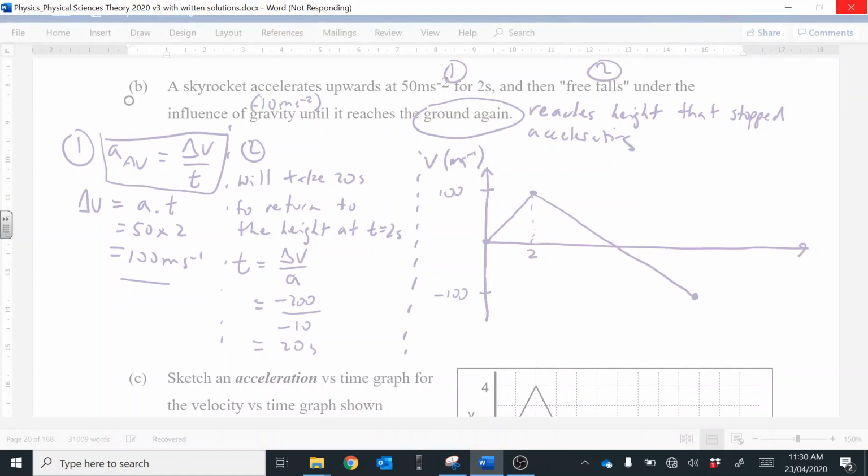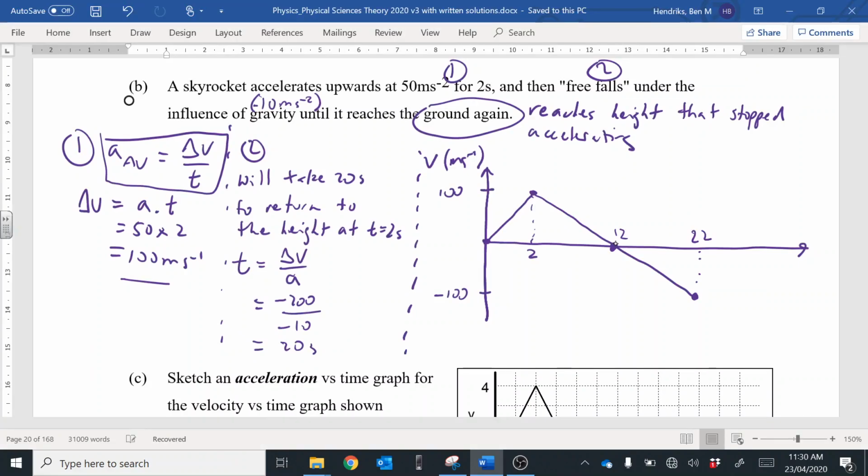Just wait for Word to catch up and respond, hopefully. It's been playing up a little bit this morning. There we go. So we've got time at 22 seconds. It takes 20 seconds, and then this would have been at time 12 seconds. So this is when our velocity is equal to 0. When our rocket reaches a maximum height, its velocity will be equal to 0.